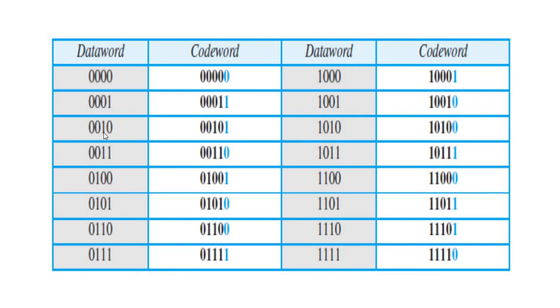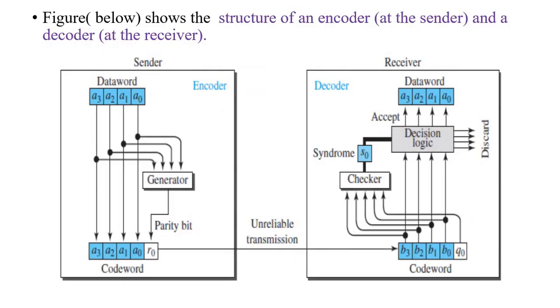Here again the number of 1s is 1, so we add another 1 to make it even parity. And such is the case here. Here the number of 1s is already even, so we are adding a 0. In this way we normally go for this linear block code checking with the parity bits.